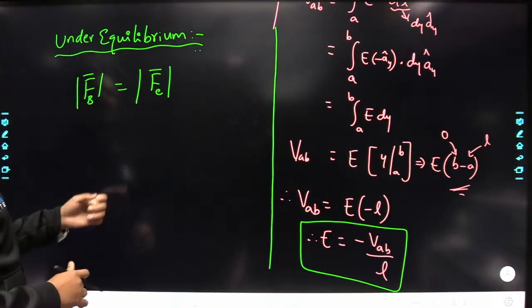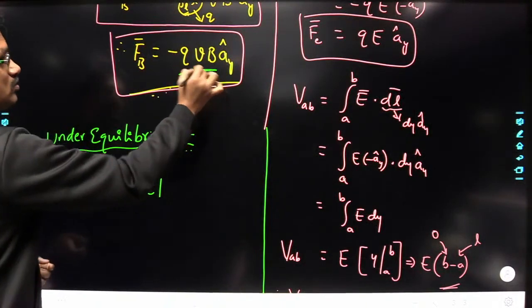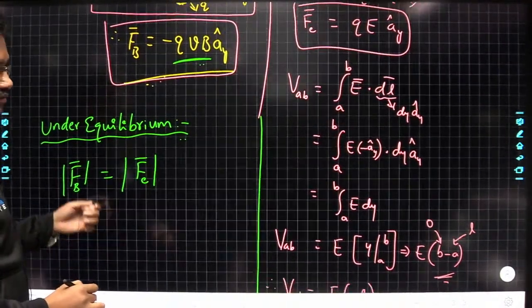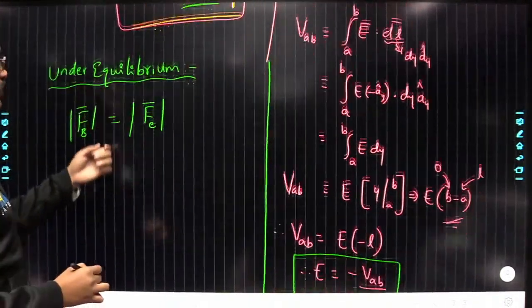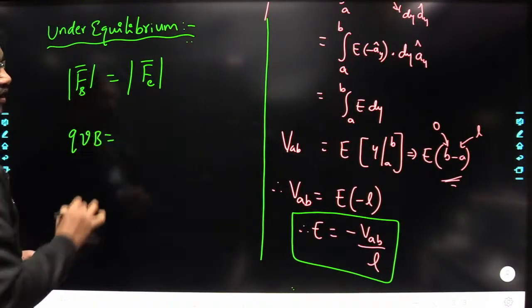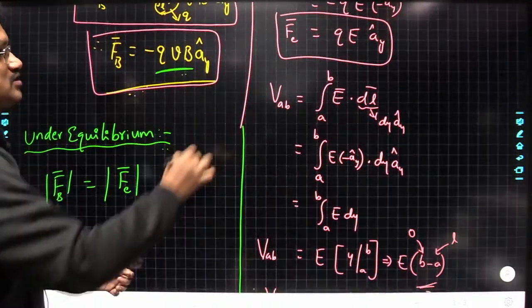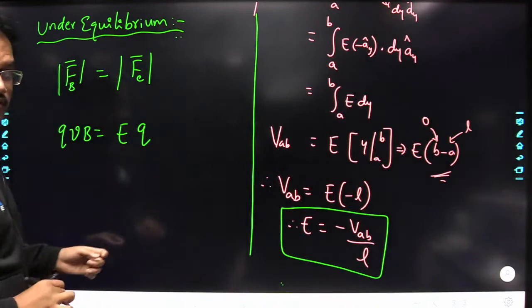Consider only the magnitude of FB, that is QVB, which is equal to the magnitude of electrical force, that is E into Q.